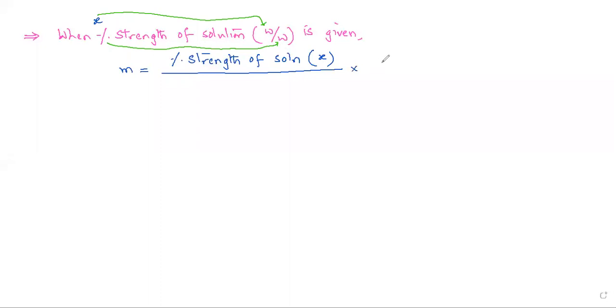So the weight of the solute is X, and in place of the weight of the solvent, we can write 100 minus the weight of the solute, nothing but 100 minus X. We already have the 1000 in the relation, and now it's the GMW of the solute that is to be considered here.